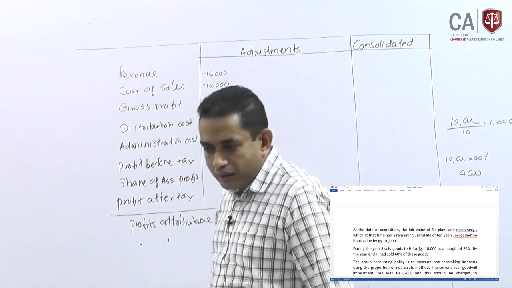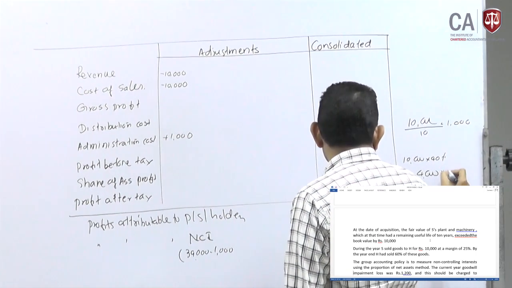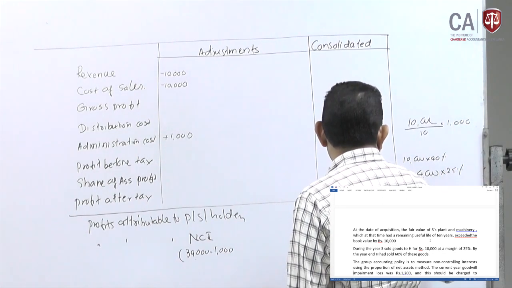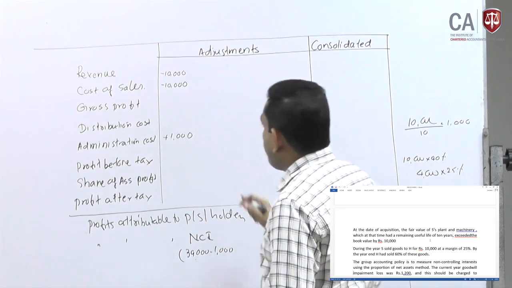So, what does it say? The markup has been 25% margin, it is a margin. So, let me apply 25% on the sales value of 4,000, 1,000 should be the unrealized profit.